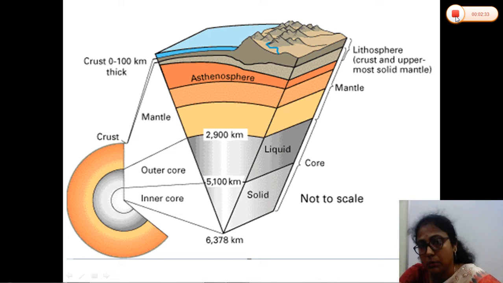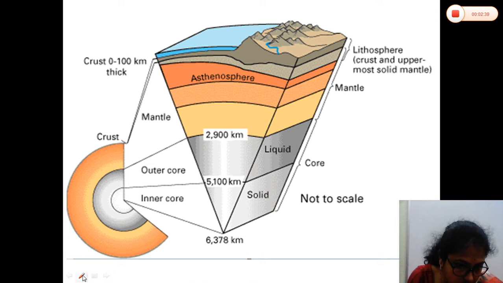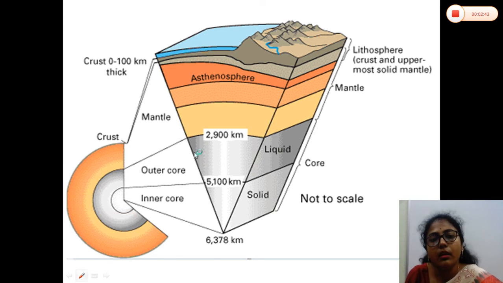So as you all know, the crust is solid, totally solid layer, but the mantle is semi-solid, meaning a viscous layer.